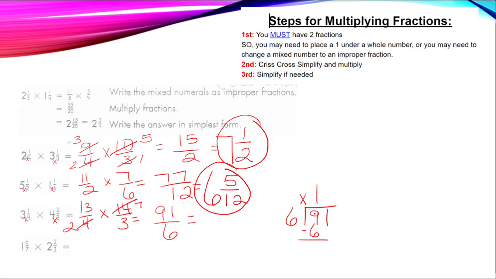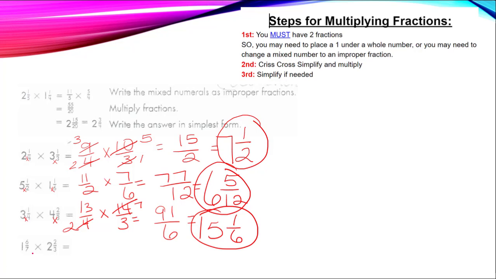Subtract. 3. Bring down the 1. Goes into, how many times can 6 go into 31? 5 times. Multiply. 5 times 6, 30. Subtract. Bring down. Nothing to bring down, so I have 15 wholes and 1 left over the 6.